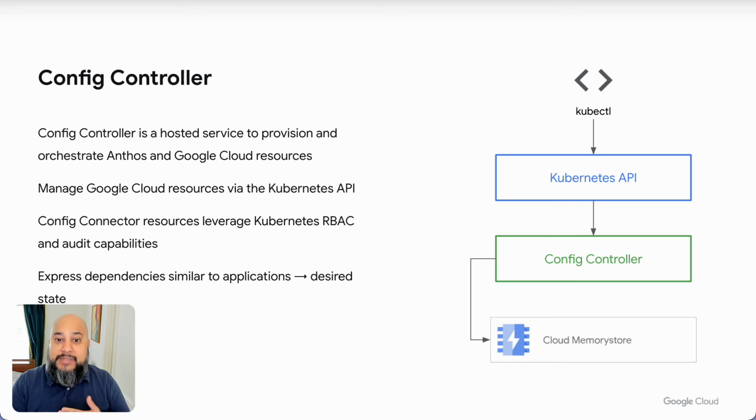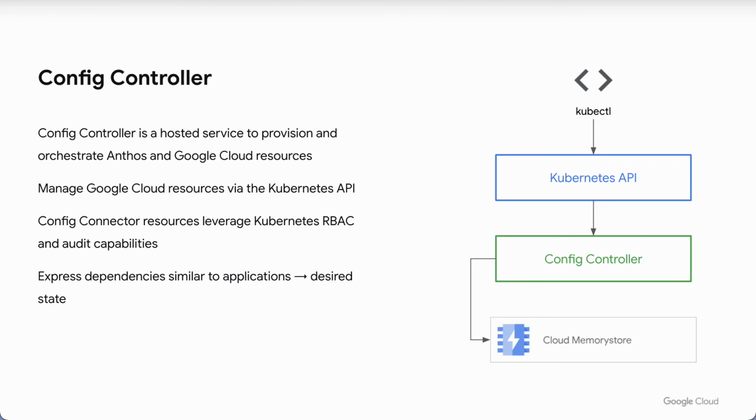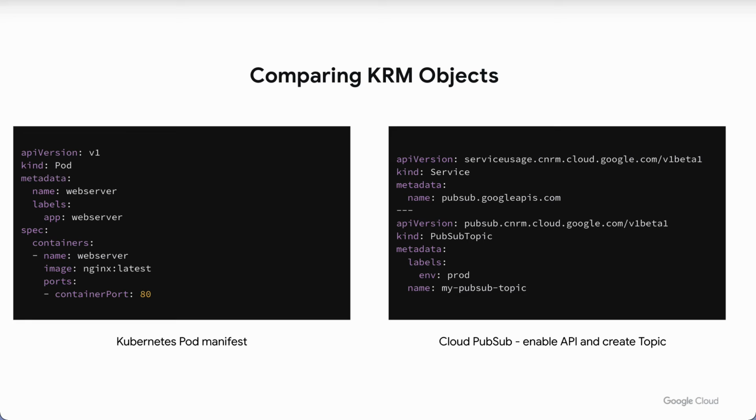Because those two things are tightly coupled, they probably make sense to be expressed in this KRM style, where I express the pod and application or the deployment for that service, and I express the Cloud Memorystore for Redis service in the same style and approach, because those two things fit together really clearly.